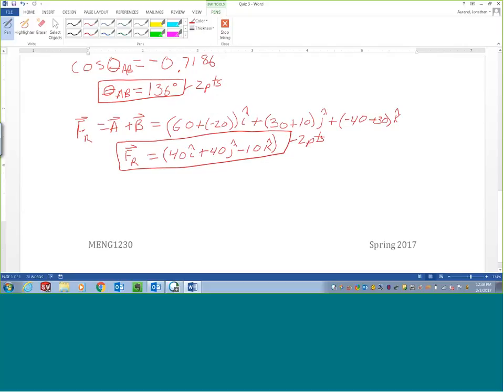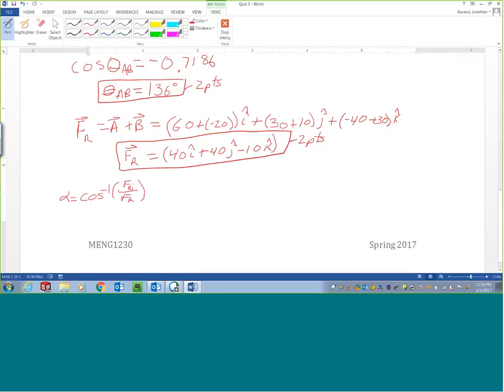All right, then the bonus points for finding the coordinate direction angles, alpha, beta, gamma. So you recall how we find that. We'll write that out quick here. Alpha equals arc cosine, or the inverse cosine, of the I component over the magnitude.